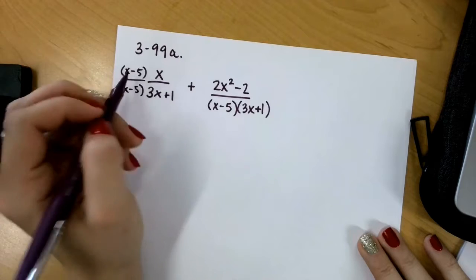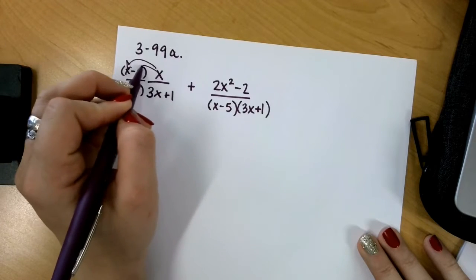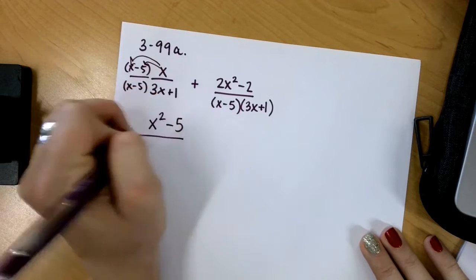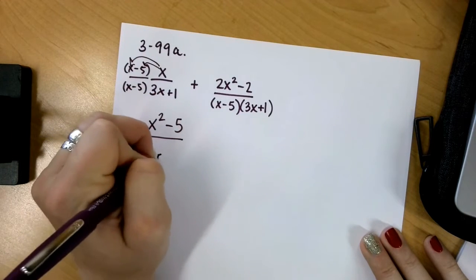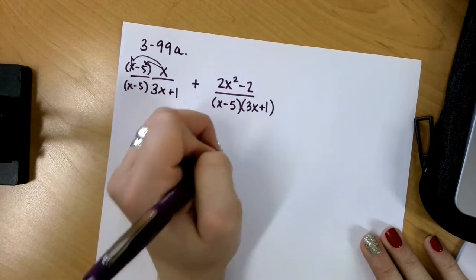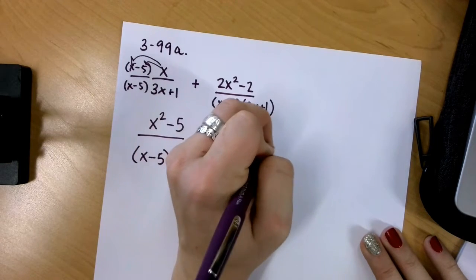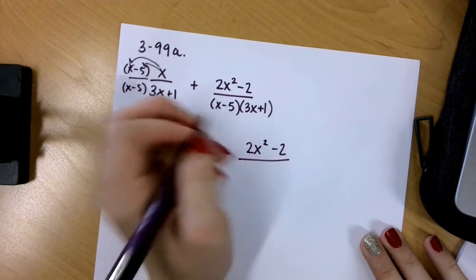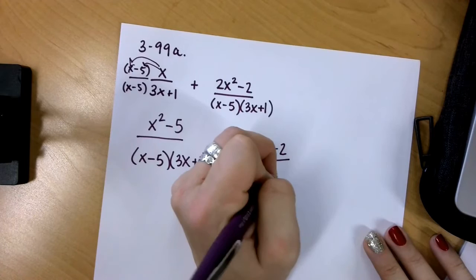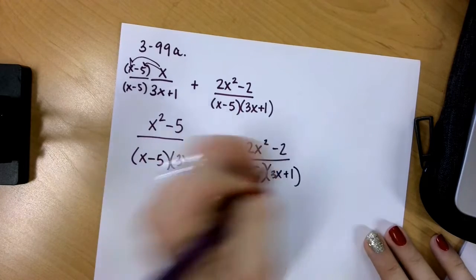So then I end up with, when I distribute my x, I get x squared minus 5x over x minus 5 times 3x plus 1, plus 2x squared minus 2 over x minus 5 times 3x plus 1.